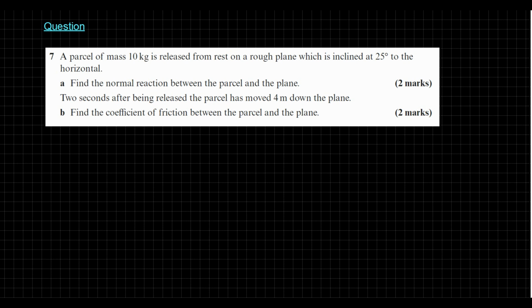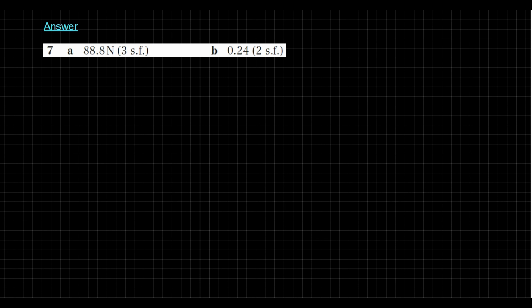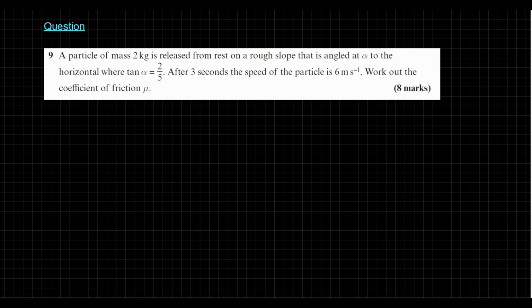Okay, and there's your answer. Relevant force, coefficient of friction, 0.24. And let's get ready for the final question. Particle released from rest on a rough slope. You're given alpha in terms of tan. You're given the speed after 3 seconds.